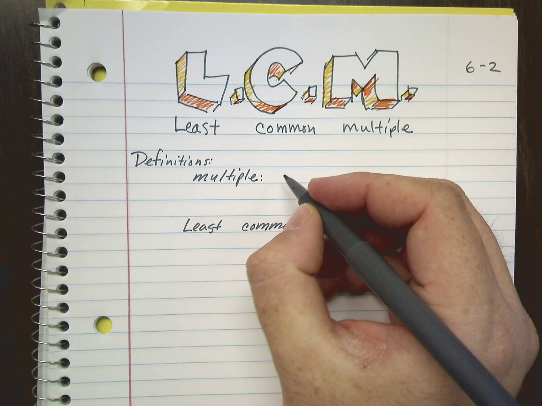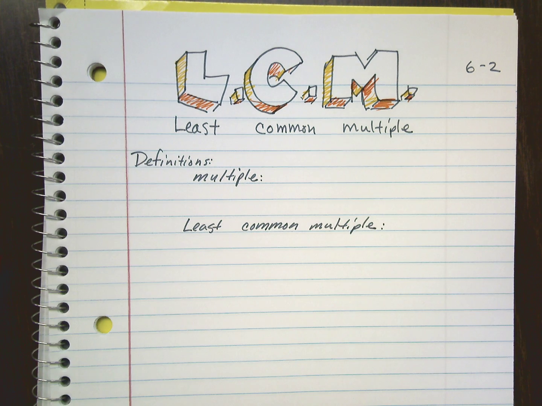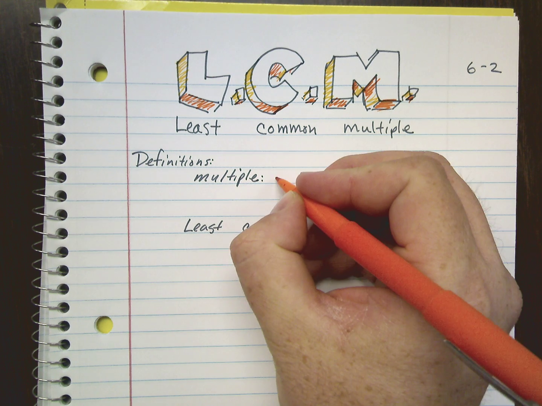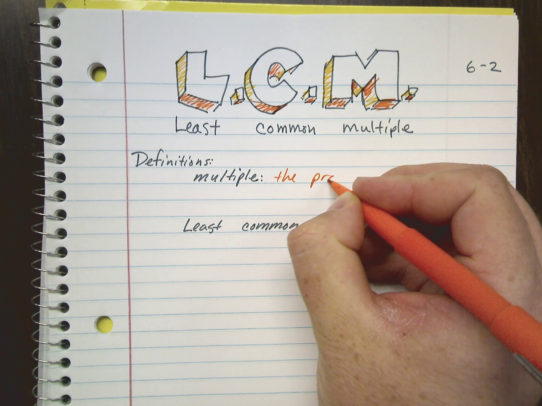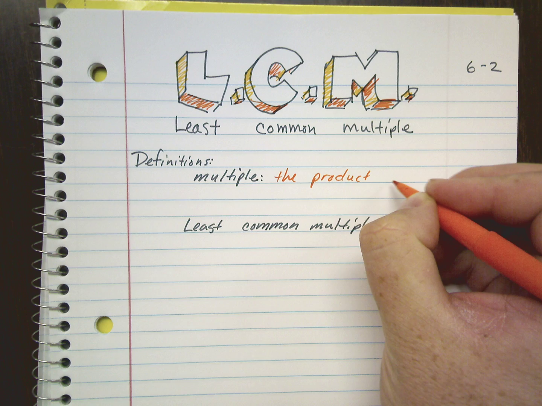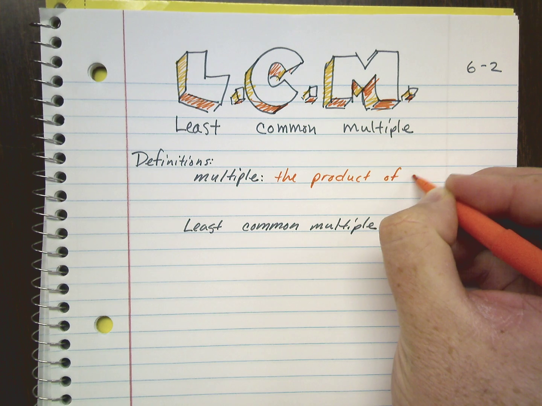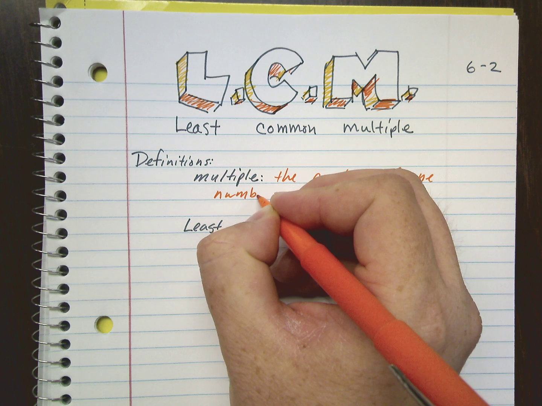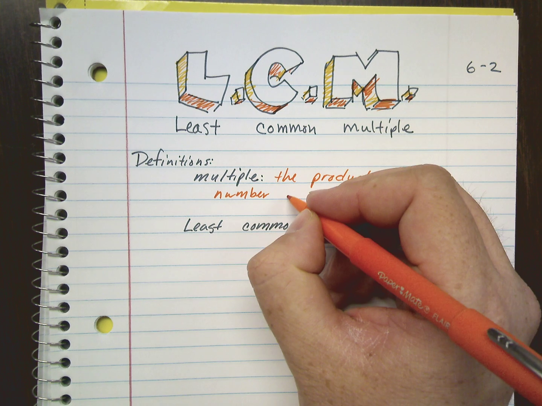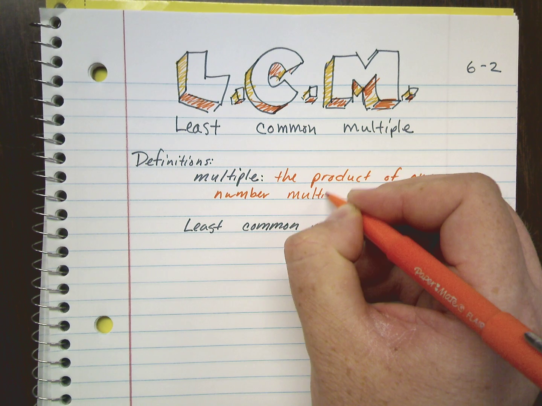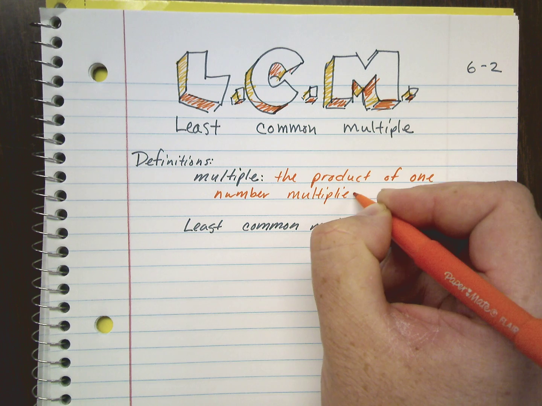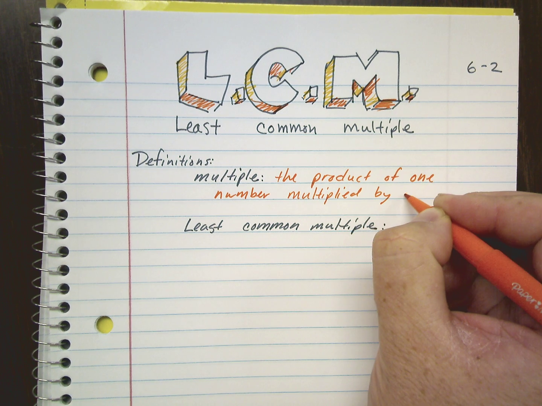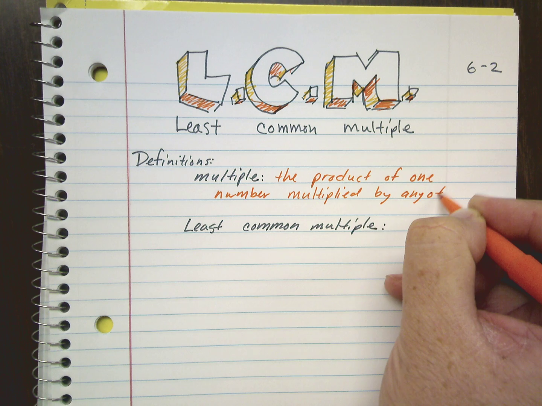So a multiple is the product of one number multiplied by any other number.